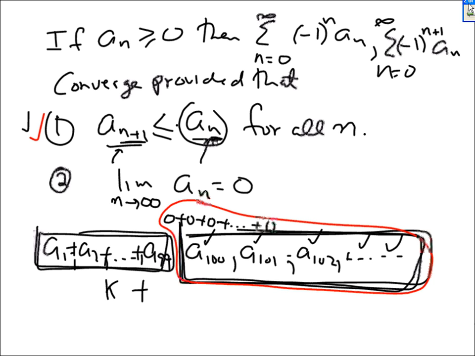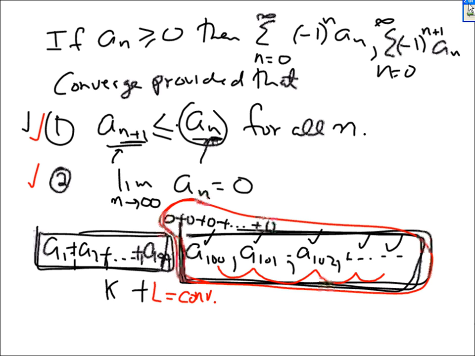Criteria 1 has been met, because I'm telling you that a100 is bigger than or equal to a101, which is bigger than or equal to a102, etc. And I'm saying that it does go to 0. So this is going to converge. Maybe it converges to L. K plus L converges. You add two concrete numbers, 7 and 50, you're not going to get infinity.